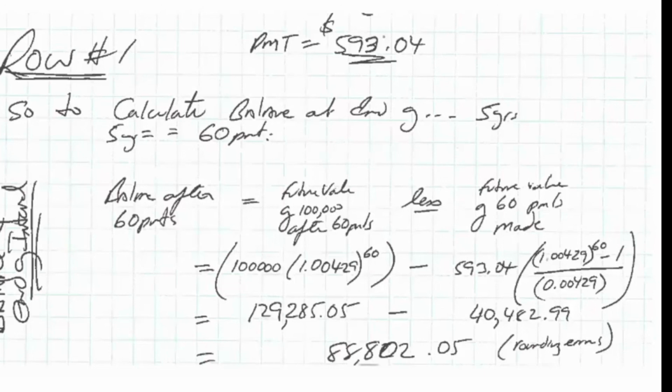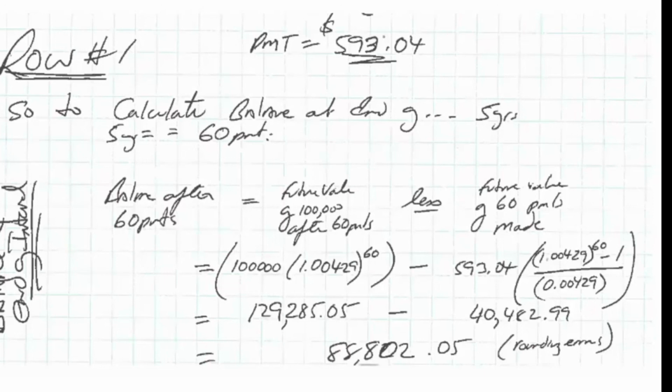So what we're saying there is that the stream of payments that you've made of $593.04 over the 60 months, the value of it on the date of the 60th payment, the future value of it, is $40,482.99.